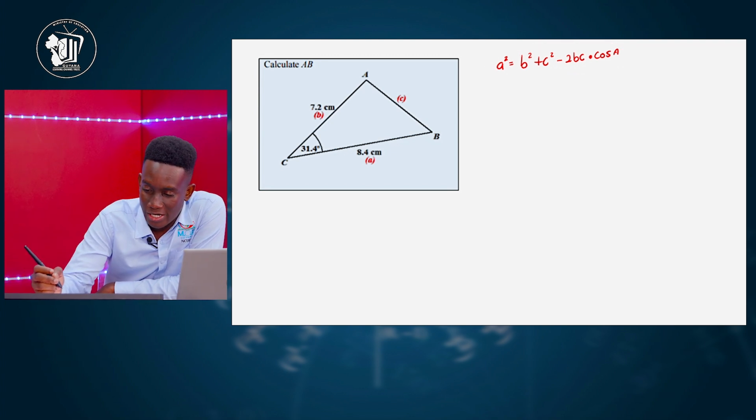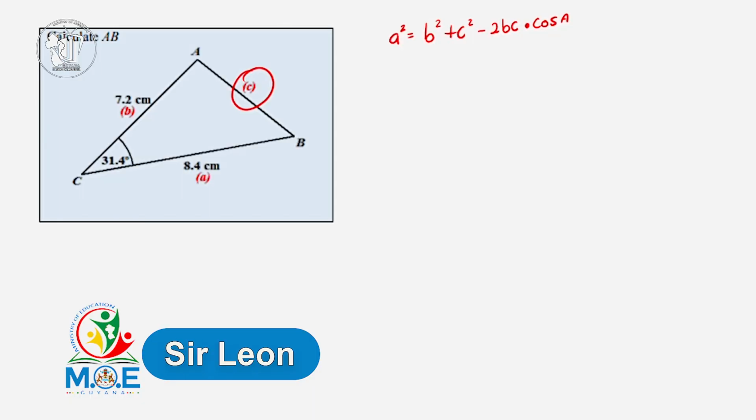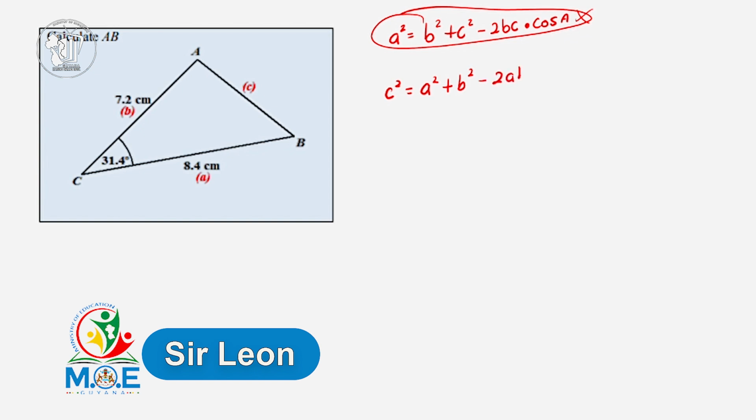So we have to ensure c is the subject when we are writing the formula. In this case, instead of a squared, it will be c squared is equal to a squared plus b squared minus 2ab multiplied by cos C.